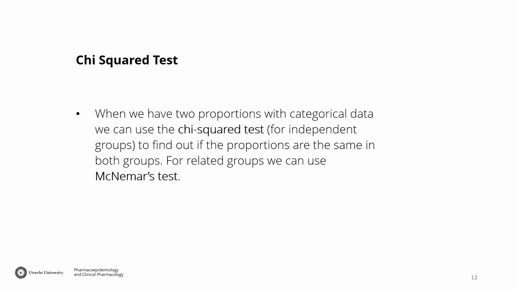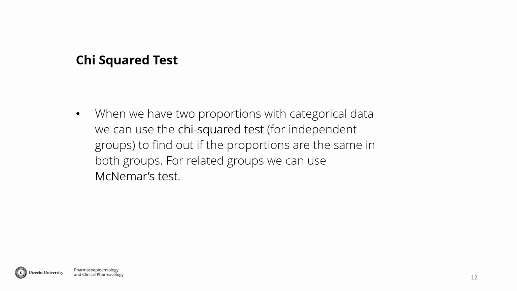An example of variables you could use for independent groups could be comparing whether you are married or not with the degree that you have gotten.